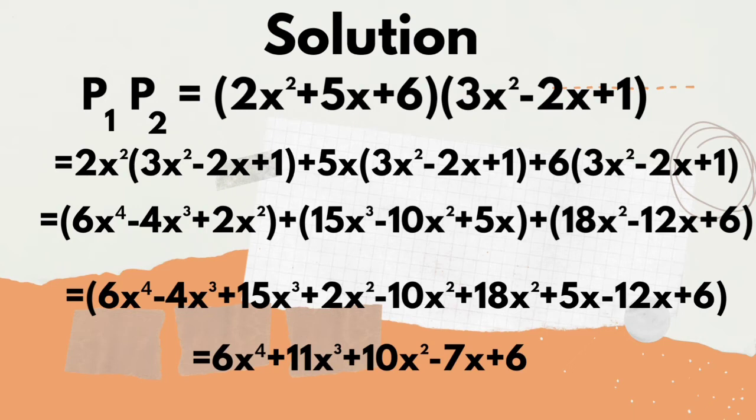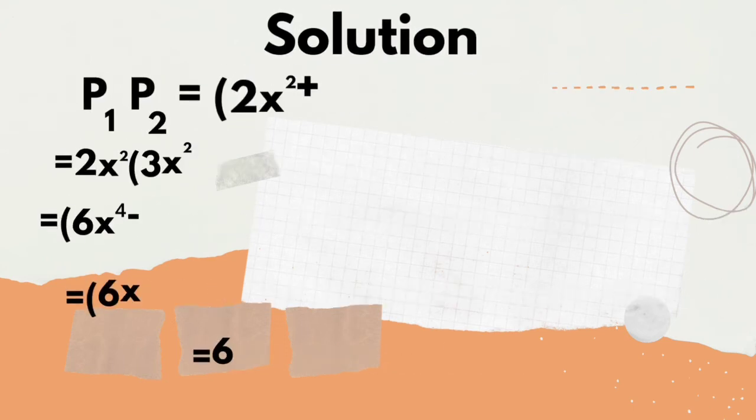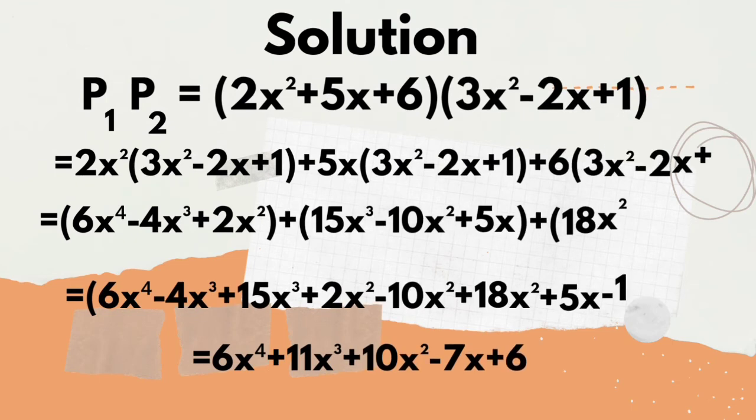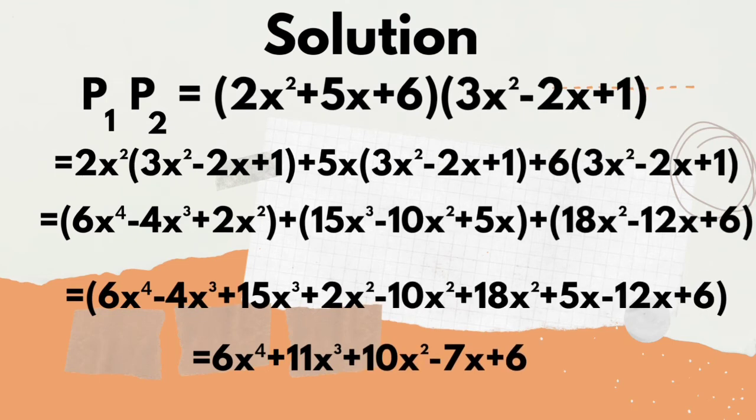It is expressed below. We have 2x raised to 2 multiplied by, in brackets, 3x raised to 2 minus 2x plus 1, plus 5x into bracket 3x raised to 2 minus 2x plus 1, plus 6 into bracket 3x raised to 2 minus 2x plus 1.